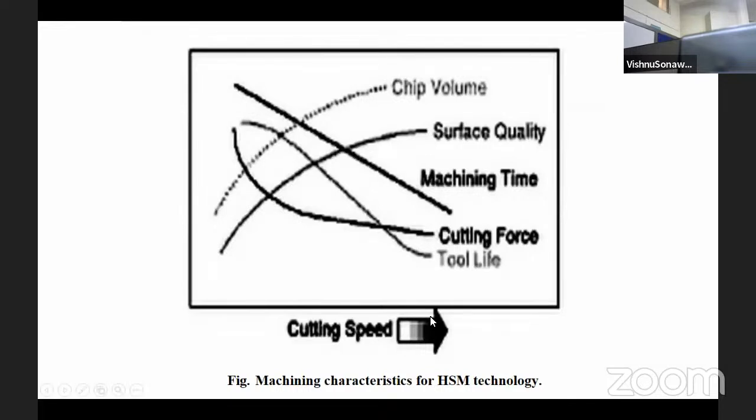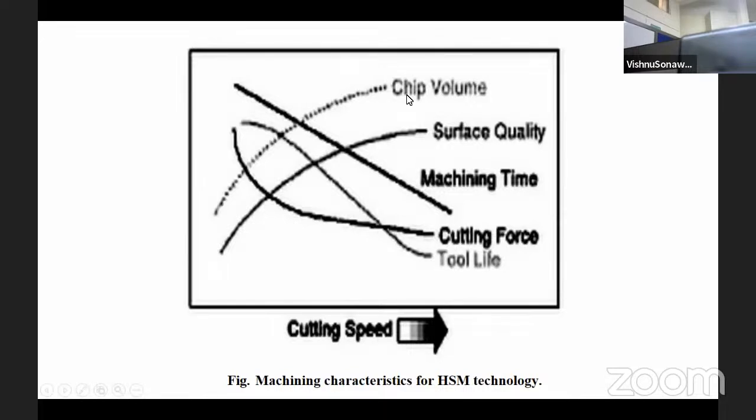Here, there are a total of 5 machining parameters. When we are increasing or decreasing the cutting speed, what will be the effect on the chip volume, surface quality, machining time, cutting force, and tool life? If you look at the chip volume, that is the material removal rate, the cubic volume, when we increase the cutting speed, the chip volume, the material removal rate, will increase again and again.